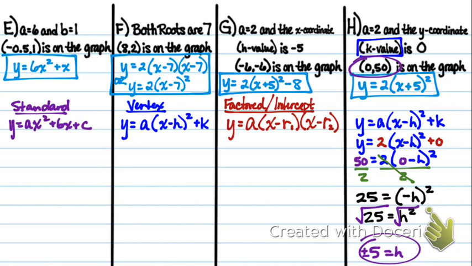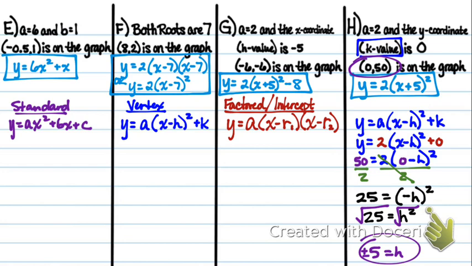I have y equals 2(x plus 5) squared. Where's (0, 50)? Way up here. Does it go through (0, 50)?